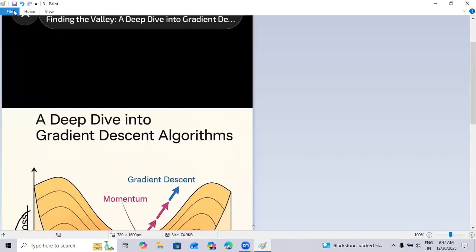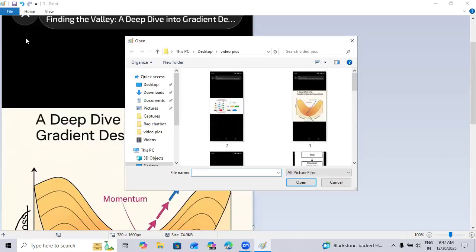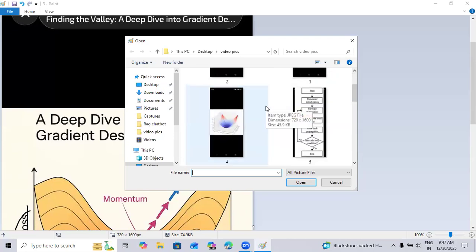Next we go with the total output, the final model and how it looks.